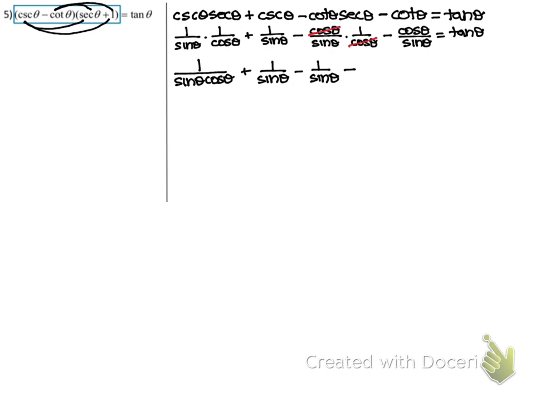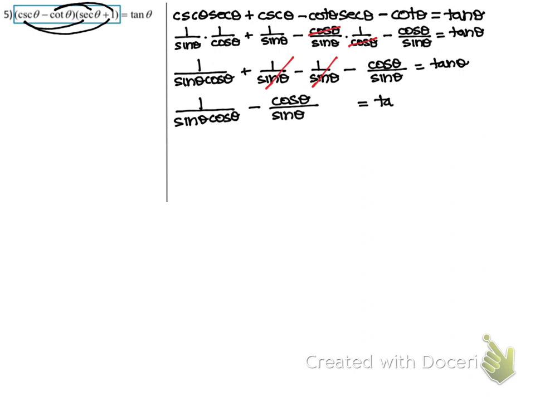Minus cosine theta over sine theta. And we're trying to turn it into tangent. Okay. Well, those guys disappear. So now I've got 1 over sine theta cosine theta minus cosine theta over sine theta is equal to tangent theta.